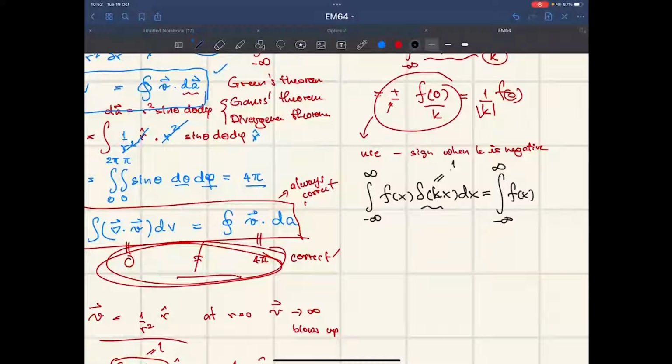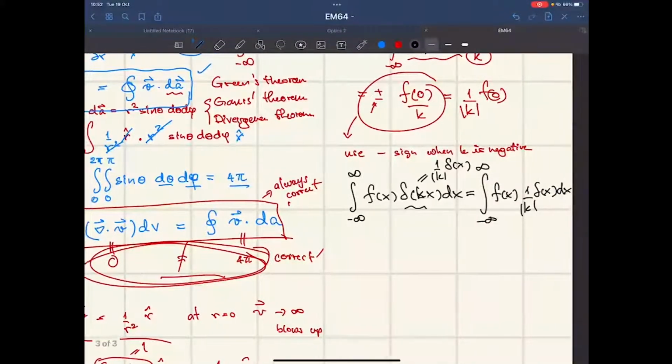Since this thing is equal to 1 over k Dirac delta function x, so we just put it here, 1 over absolute k Dirac delta function x. Okay, it's equal. No questions. Anything you want to ask?